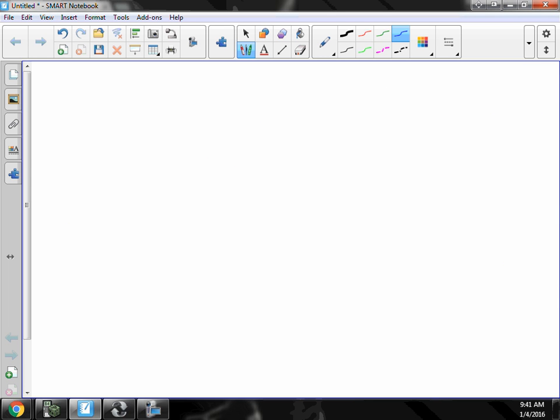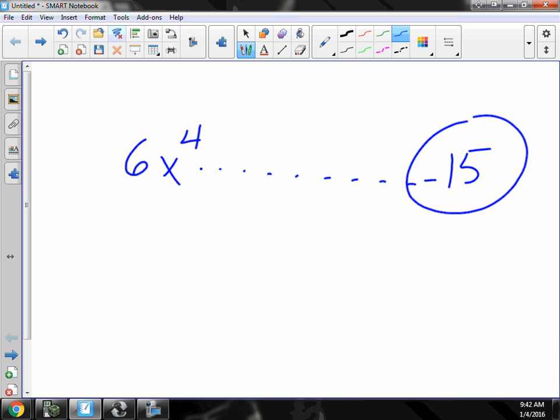Let's look at another polynomial that has a leading coefficient. So let's say I had 6x to the 4th, and it doesn't matter what happens on the inside, and then minus, we'll say, 15. So I know this can create rational roots, and the roots would be plus or minus 15, plus or minus 5, plus or minus 3, and plus or minus 1.